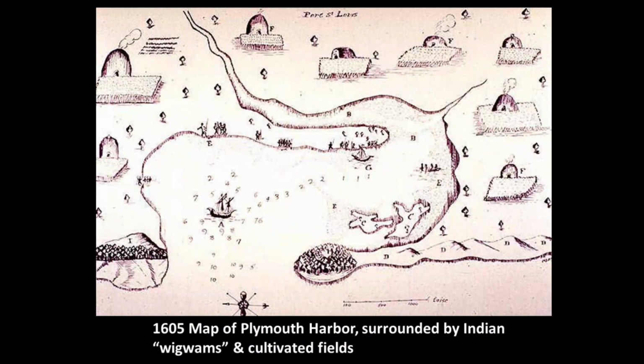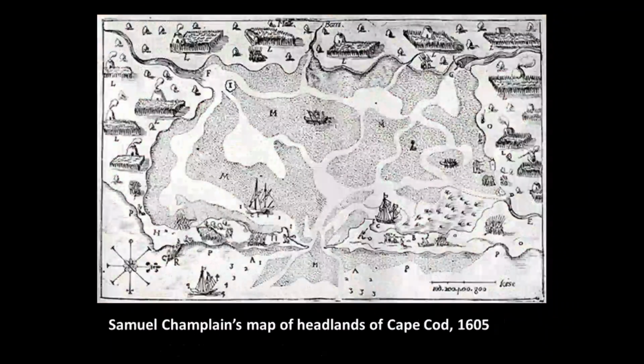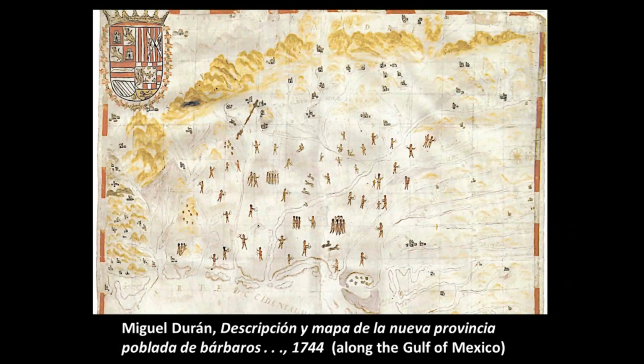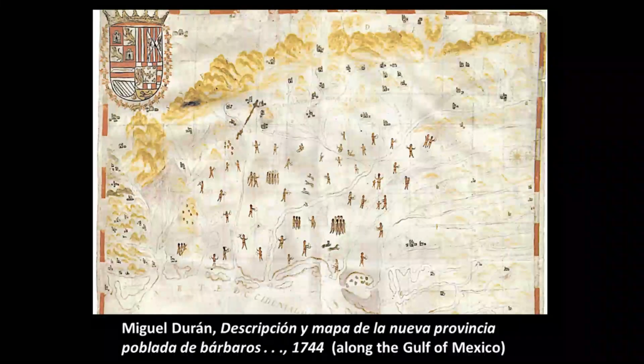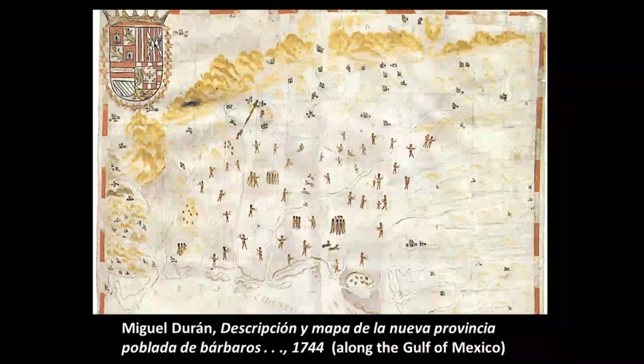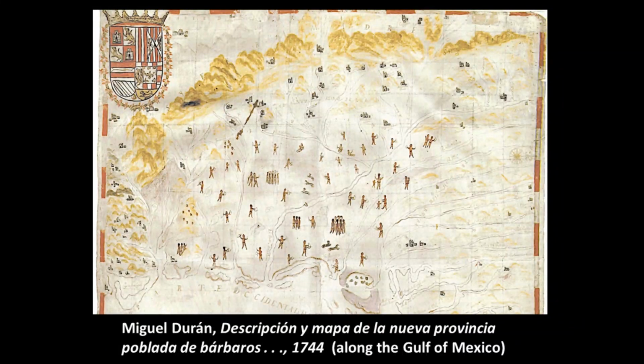Now, you tell me, if you're a European ship, where are you going to land and feel at all safe? Even where you're going to find that they're going to allow you in. Like, we really have to think about these practical matters. Or here we go up to Cape Cod. Again, absolute density of settlement. Or here is the Gulf of Mexico. And so again, we see this density, and occupation is power.